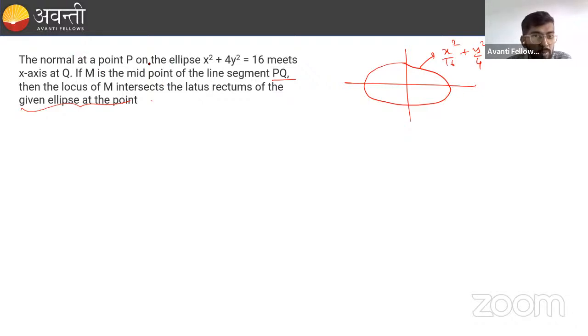So this is the ellipse that has been given to us. It is saying the normal at a point P on the ellipse meets the x-axis at Q. So consider any point P. You draw the normal at this point.